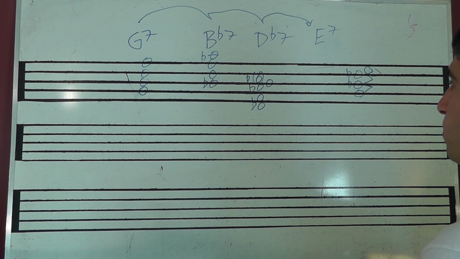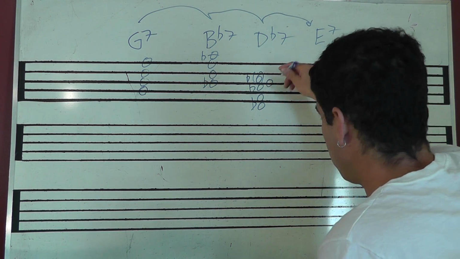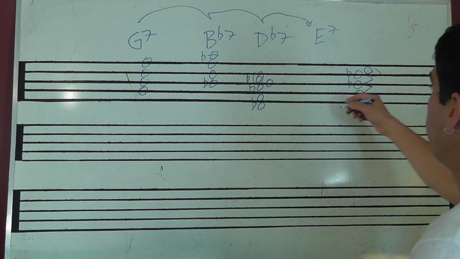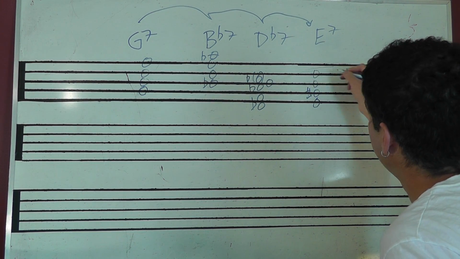I don't really prefer writing C flats, but in any case, you get the idea. And then we've got E dominant 7: E, G sharp, B, and D.